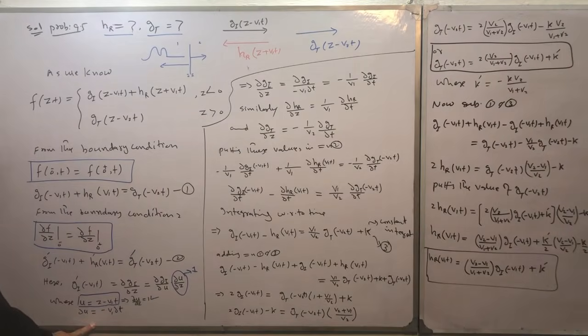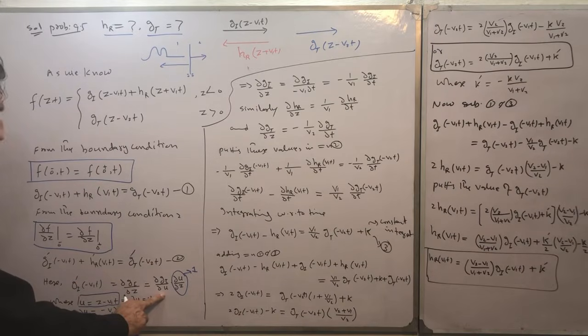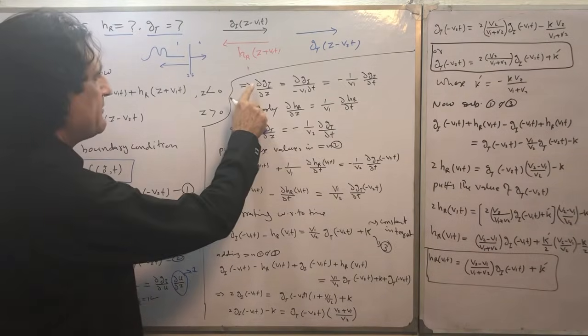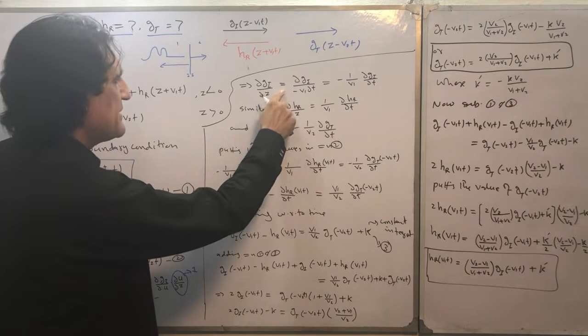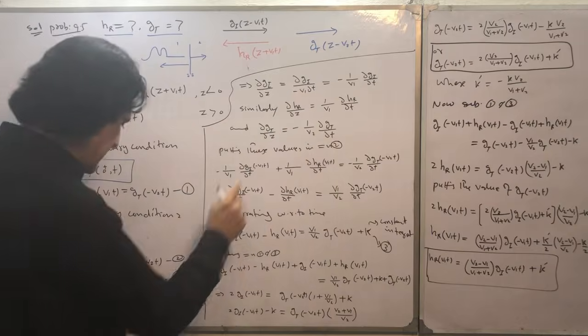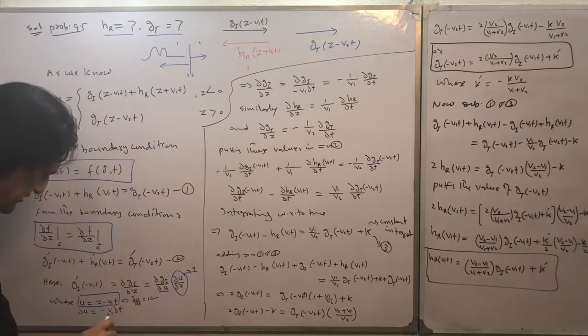Putting these values here, partial Gi divided by partial z is equal to partial Gi divided by partial u, and partial u over partial t we have as minus V1.